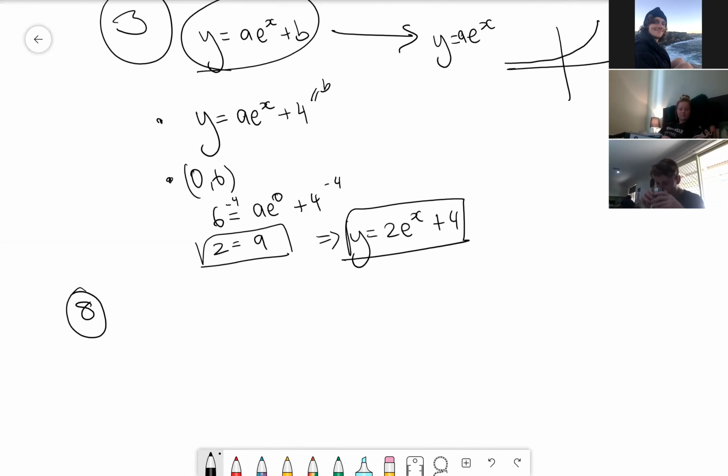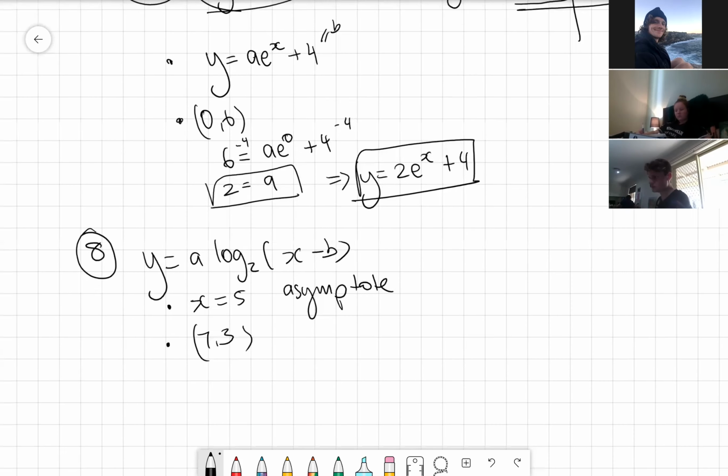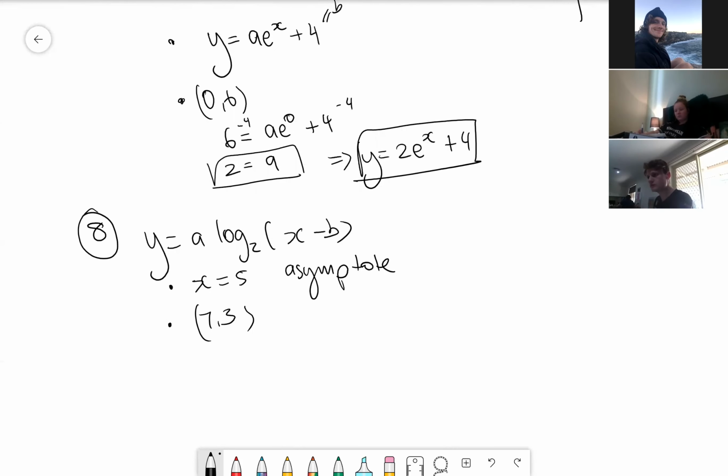All right, so question 8, we've got y is equal to a log to the base 2, x minus b. And we know that the asymptote is x is equal to 5. And then we know we've got the point 7, 3. So Matt, maybe you can help me with the asymptote.